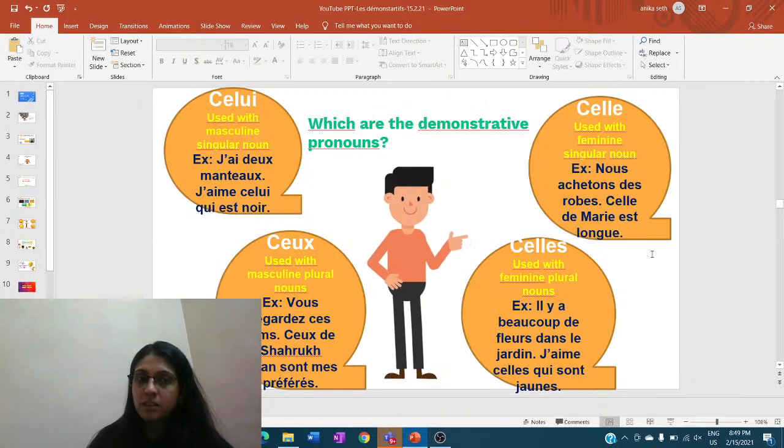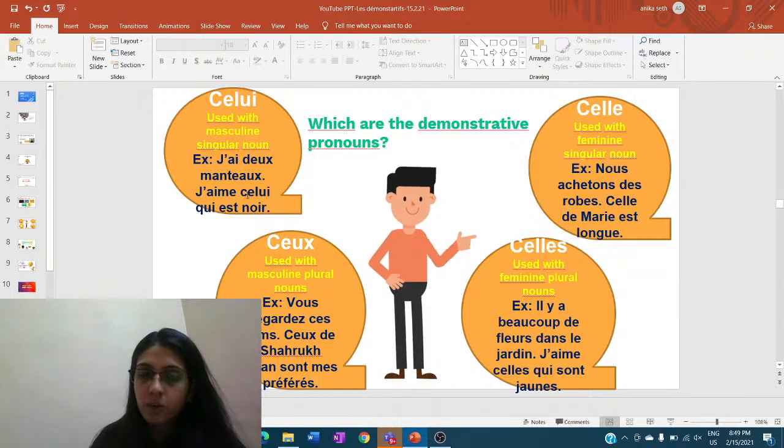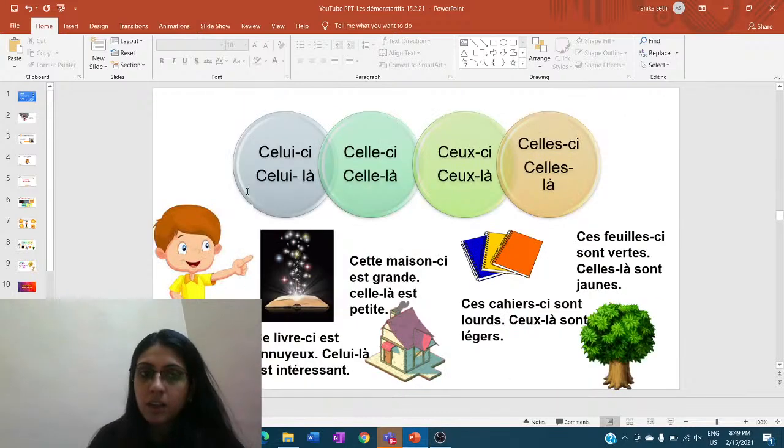So these ones are the simple demonstrative pronouns which are used when we are referring to the same noun, like j'ai deux montres, j'aime celui qui est noir. So in this one we are not doing a comparison with both the things, no? Like j'aime celui qui est noir, we are referring to the one which is black. But when we write ce livre-ci est ennuyeux, celui-là est intéressant, we are comparing two books.